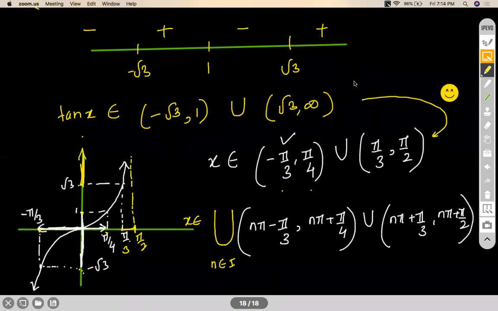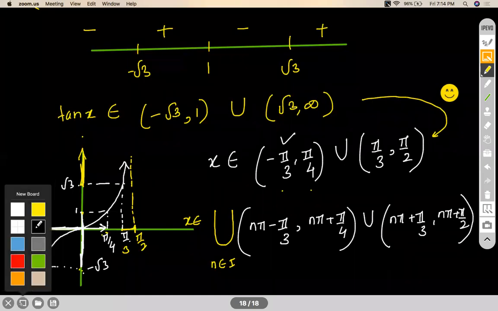Got it? Okay. Try this one. Next question. Anybody who wants to copy this, please do so, because I'm now going to the next sheet. Okay, try this one.